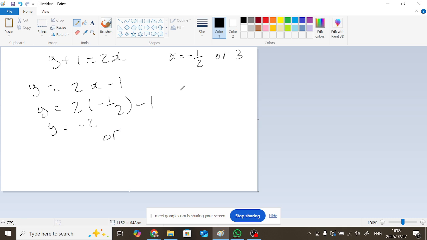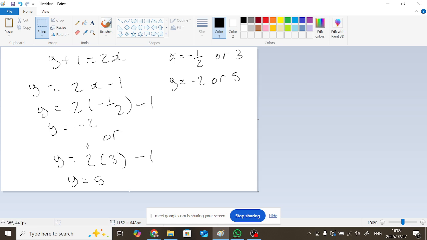or, now we have to substitute the 3 in. y is equal to 2 times 3 minus 1, so y is equal to 5. So now we have our two x answers and our two y answers: negative 2 or 5.